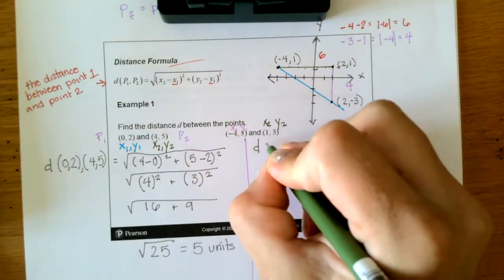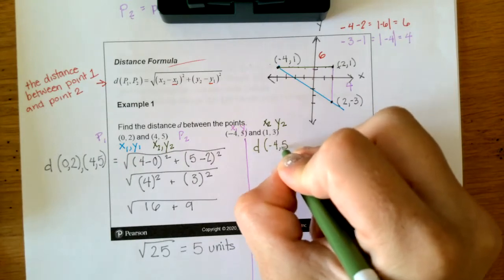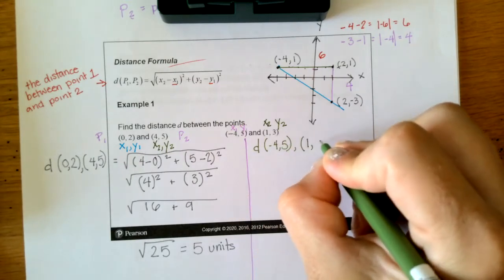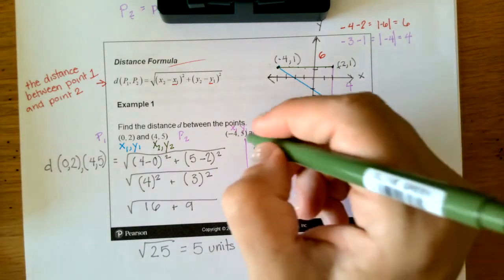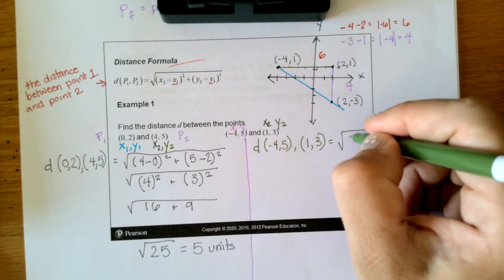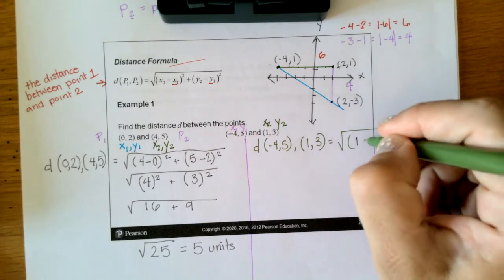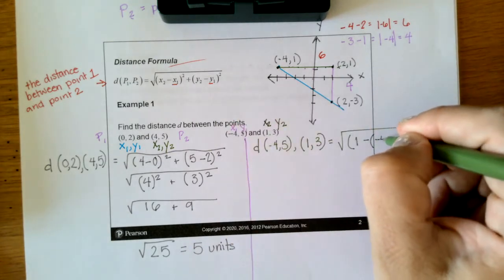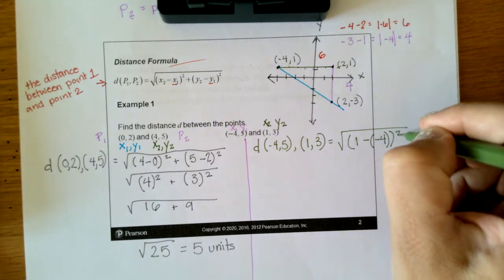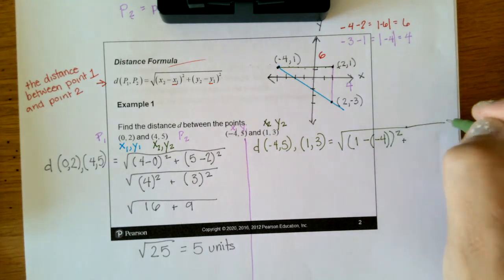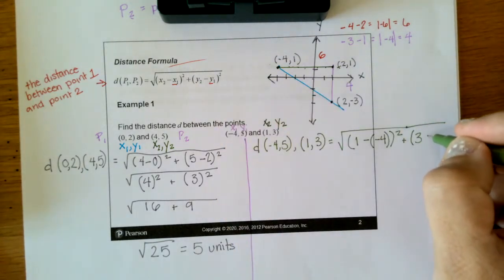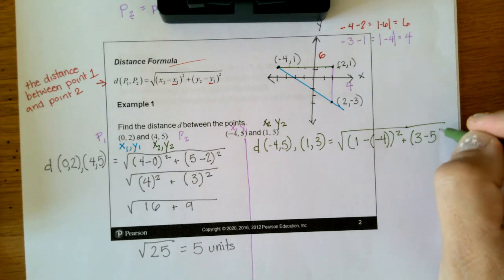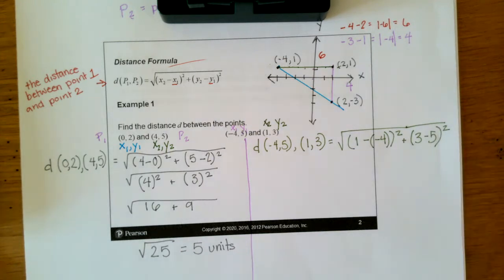So the distance between (-4, 5) and (1, 3) equals the square root of x2, 1 minus -4 squared plus y2, 3 minus 5 squared. All right.